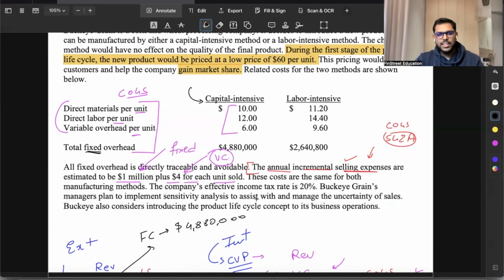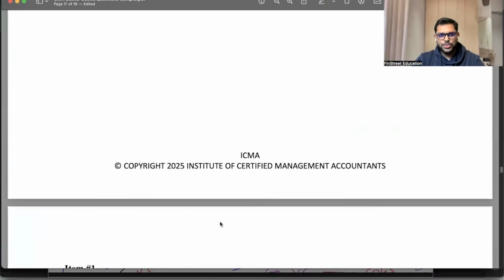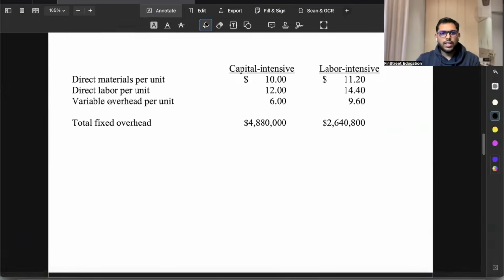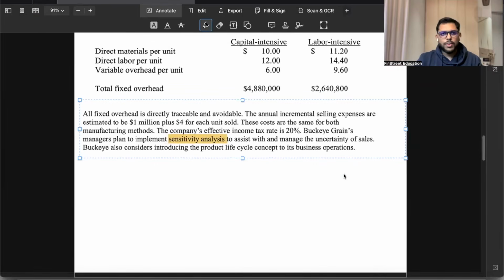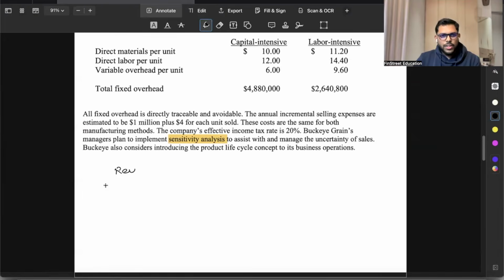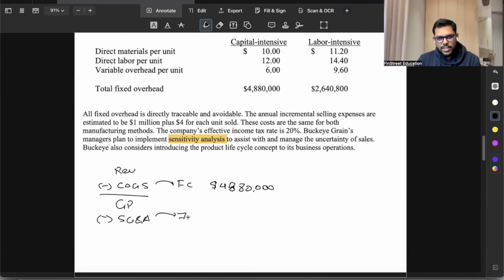Or for better understanding, let me show it to you properly how this should be. This is your case where you're trying to find out what our total FC is. We know revenue minus COGS, the FC of which comes out to be 4,880,000. This gives us GP, minus we have SG&A, the FC of which is 1 million, 1 with 6 zeros.